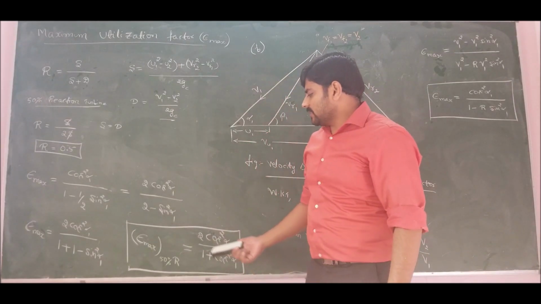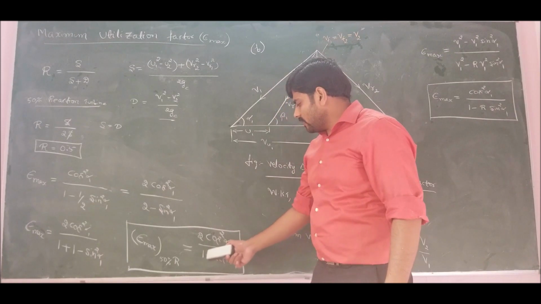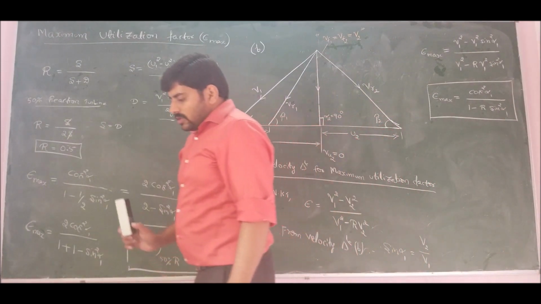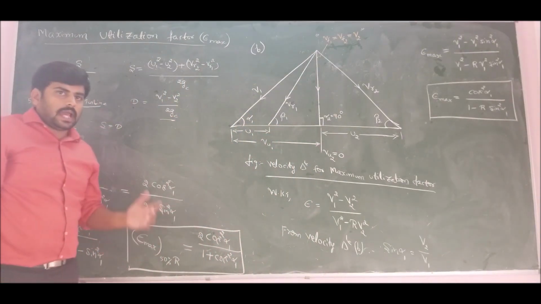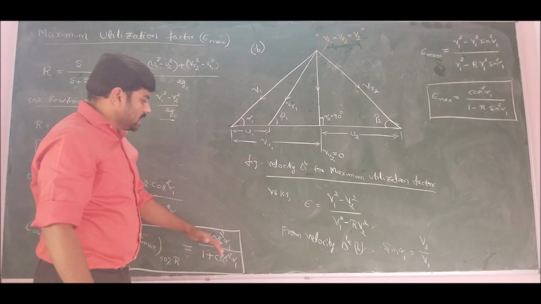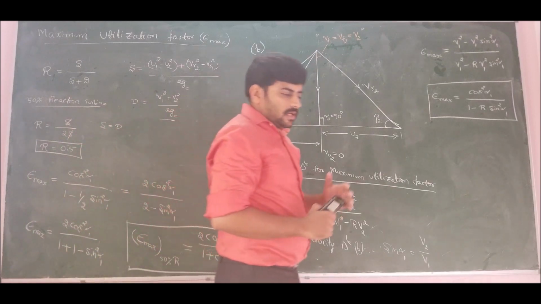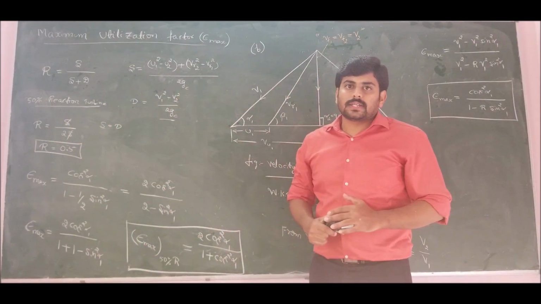The maximum utilization for a reaction turbine, that is a 50% reaction turbine, is given by 2 cos square alpha 1 by 1 plus cos square alpha 1. Therefore, the maximum utilization factor for an impulse turbine as well as for a 50% degree of reaction turbine depends only on the inlet nozzle angle. So this is about our lecture number 4 on maximum utilization factor. Thank you.